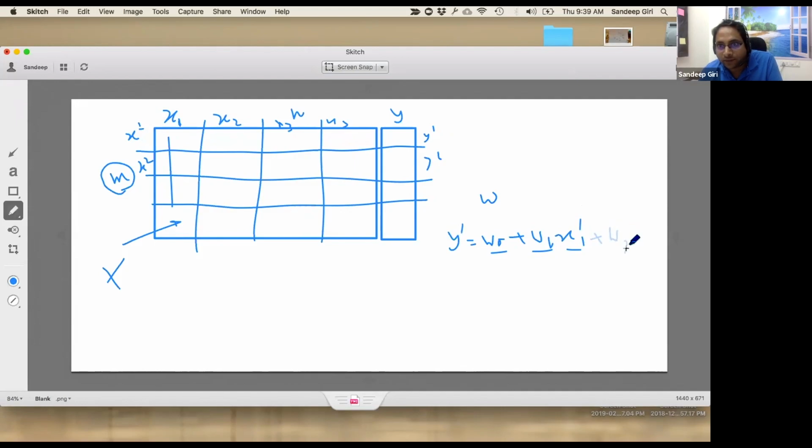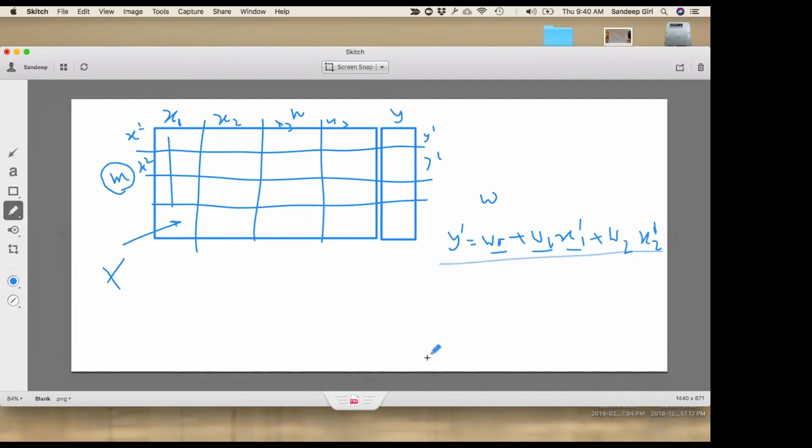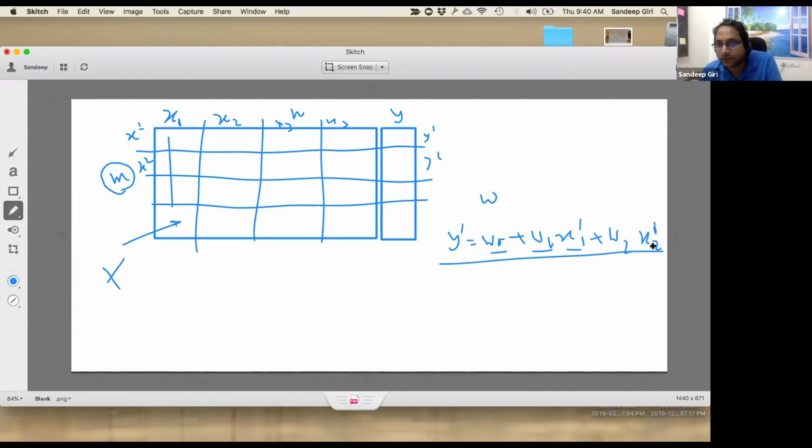And w2 x2, something like this. This is clear, right? Now, this is a single value, this is a single value, this is a single value. Similarly, we'll have to write many equations. This will become really painful to do. So instead, ideally we would be writing a for loop going over values.